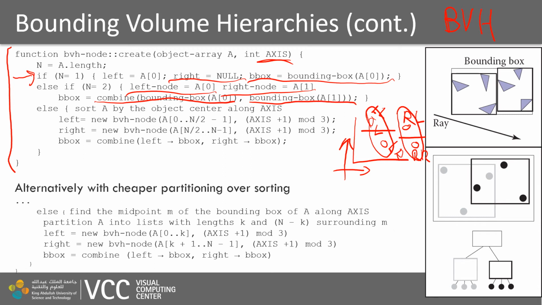And here we have the most common case where we have more objects, and then we take half of the objects to be forming the left children, and another half, as you can see, and we are calling recursively the same function, and we will be splitting these objects with another axis.